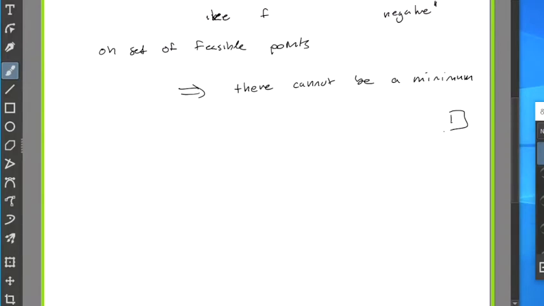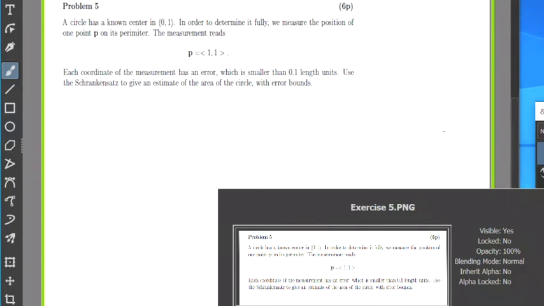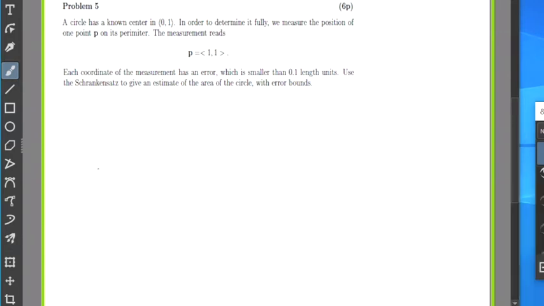Problem 5. So here we need to first read a bit. We have a circle and we know its center. The center is given by the point 0, 1.